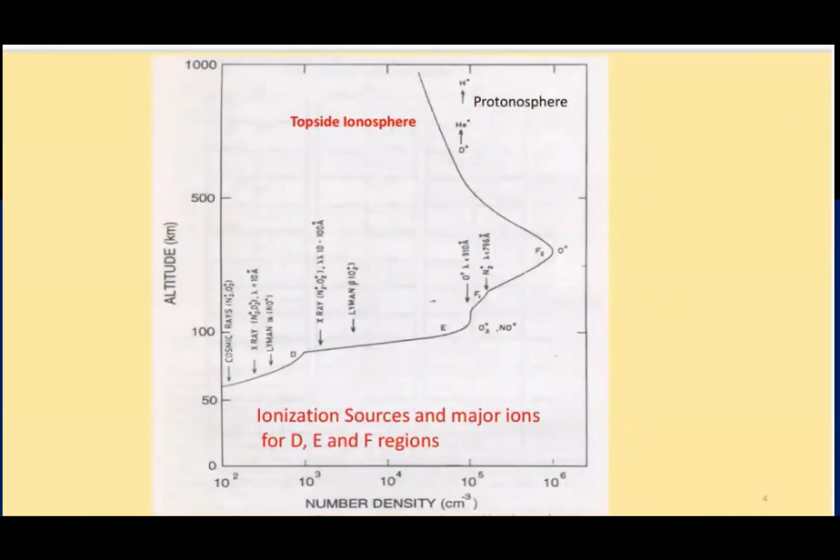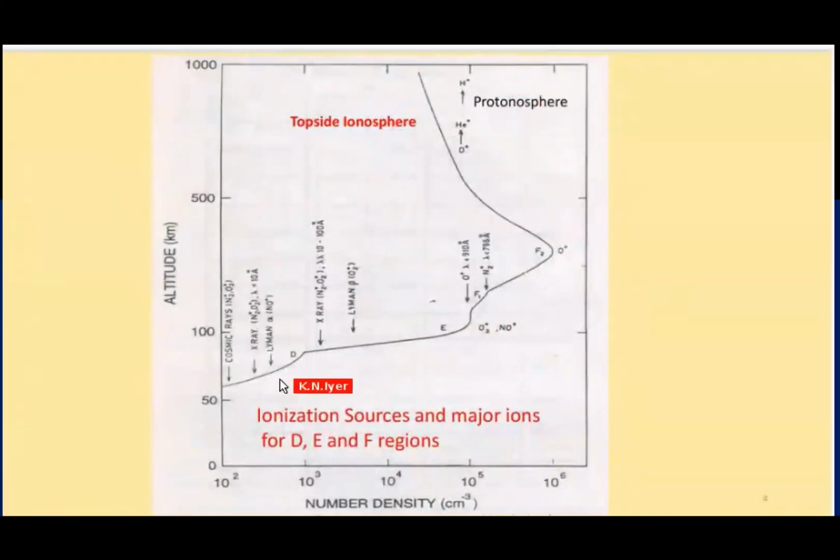And then at still higher heights, about 1,000 kilometer, it is the still lighter constituent hydrogen, and when that is ionized, you get H plus there, and H plus, the ionized hydrogen, is nothing but a proton. Therefore, this region also can be called, or is called, the protonosphere.